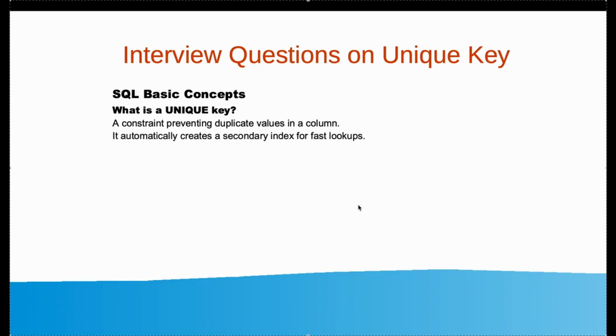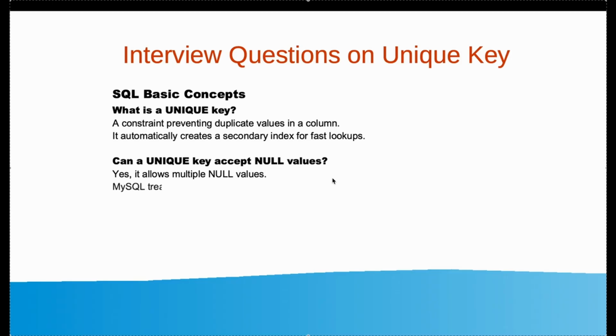It automatically creates a secondary index for fast lookups. I will discuss indexes in my upcoming videos, including clustered index and non-clustered index as well. Can a unique key accept null values? Yes, it allows multiple null values, and MySQL treats each null as a distinct unknown value.